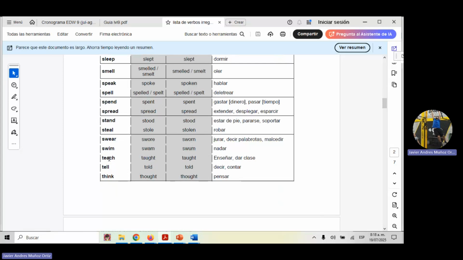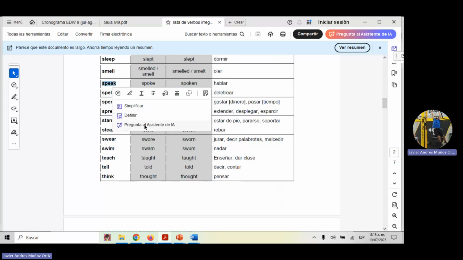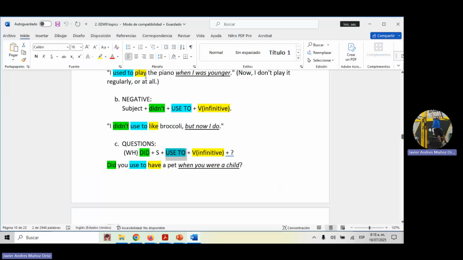Doesn't matter whether it's going to be a regular or an irregular verb. What matters is that we use one of them depending on what we want to express. Did you used to teach in high school? Did you used to swim when you were 15 years old? Did you used to speak Arabic when you were in the United Arab Emirates in 2021? Let's suppose that, right? So this is what we are going to do.